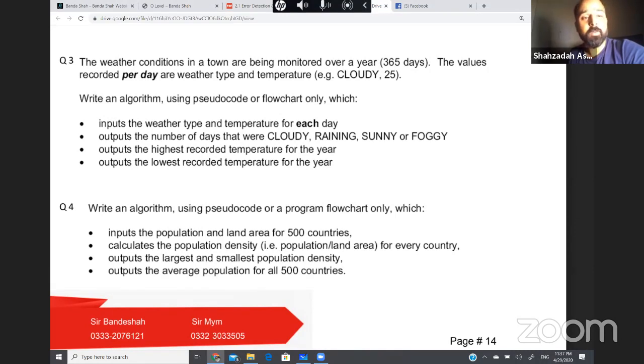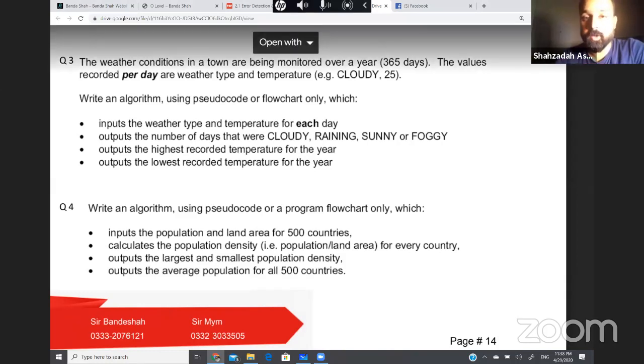The values recorded per day are weather type and temperature. Two things have to be input: the first is weather type and the second is temperature. So we can simply identify that the question is solved using a for next loop because we have a fixed number of inputs.